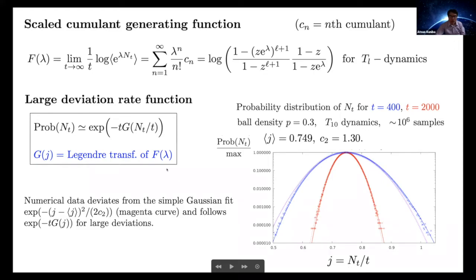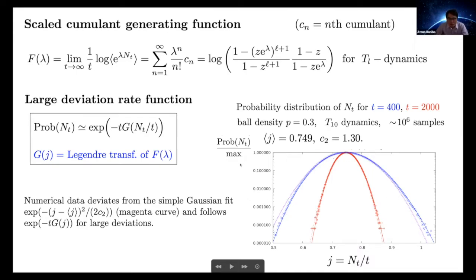Of course, we expect that N_T grows linearly with respect to T, so N_T divided by T is the mean current. This axis is the mean current, and the mean value is 0.749 and the cumulant value is 1.30.